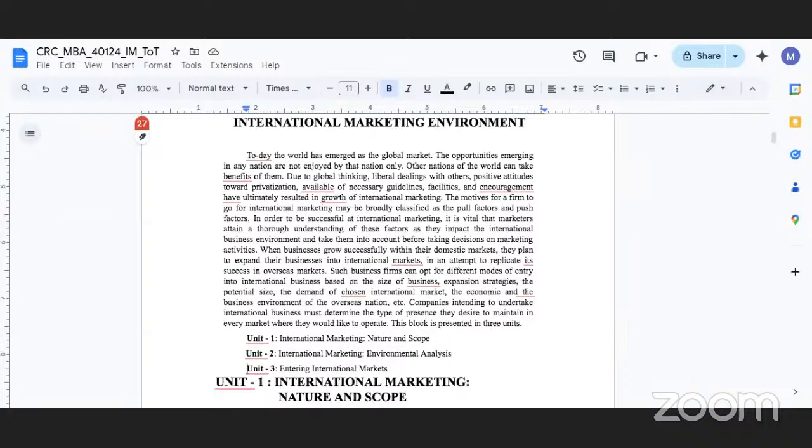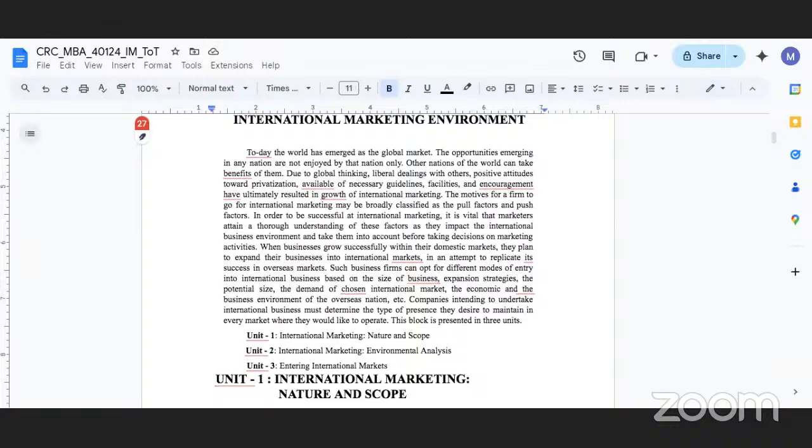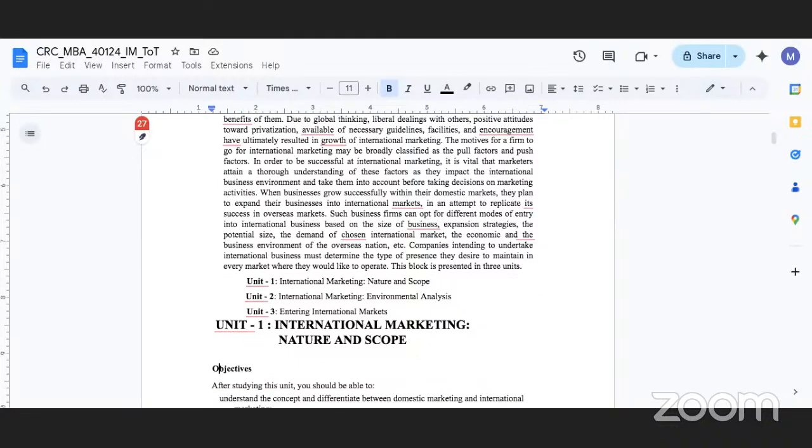So the factors that impact this international business environment have to be taken into consideration before taking any decision on marketing activities and our expansion beyond the domestic horizon. So all companies can enter into different markets in different modes of entry.